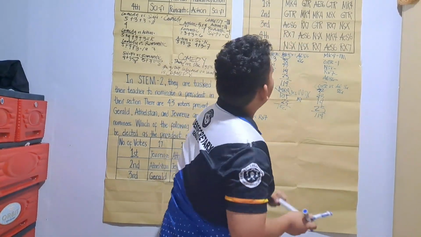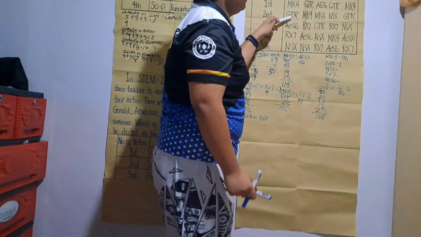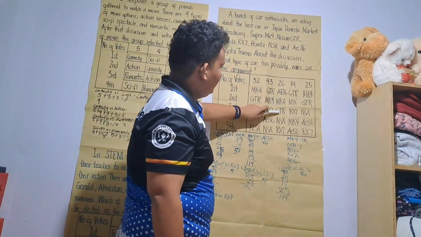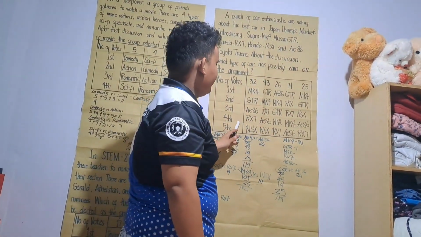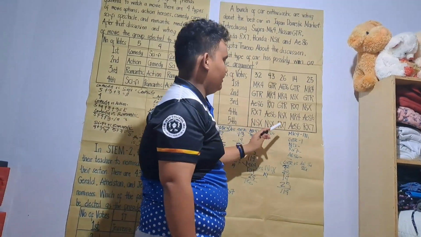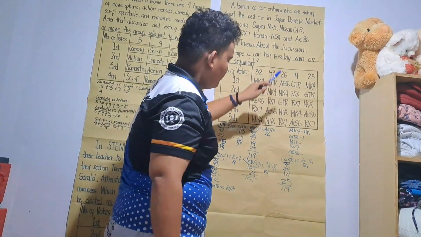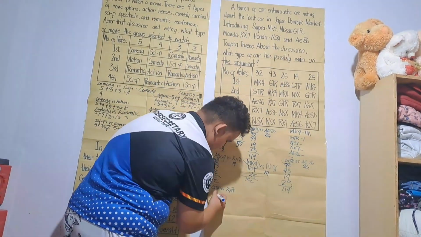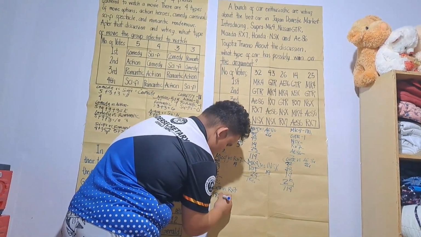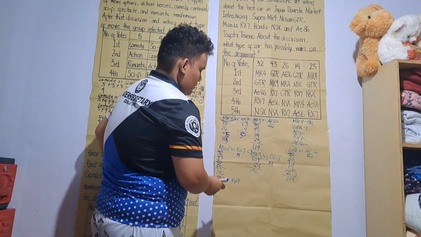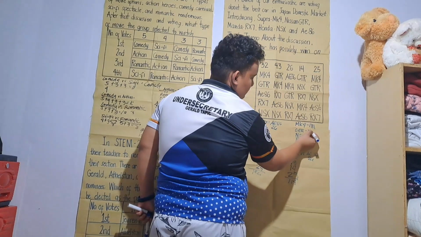So in the first column, GTR is first, second is first pa rin, then third is first pa rin kasi ang RX7 is last in every column. So meaning the total of 140 votes goes to GTR. Then GTR has 1 point.